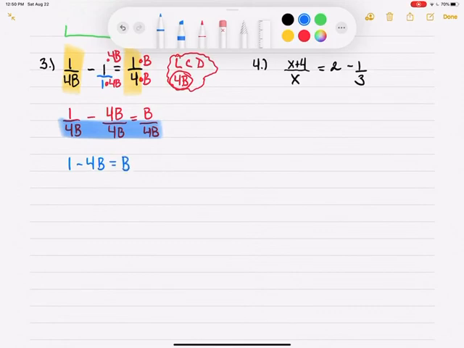To solve, I'm going to add 4b to both sides. I have 1 equals 5b. To get b by itself, all I need to do is divide both sides by 5, and I have b equals 1 over 5.